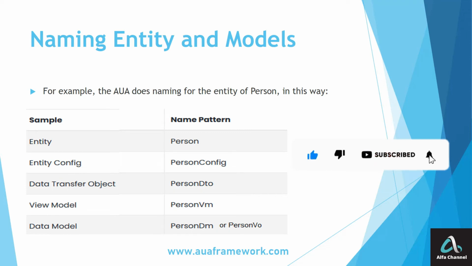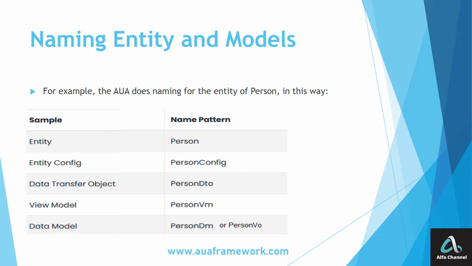About the data model, for instance, you have a function that has 10 or 12 inputs as parameters. In this case, it's better to create a model and put those fields inside it and pass this model to the function. The AUA calls it data model or value object.